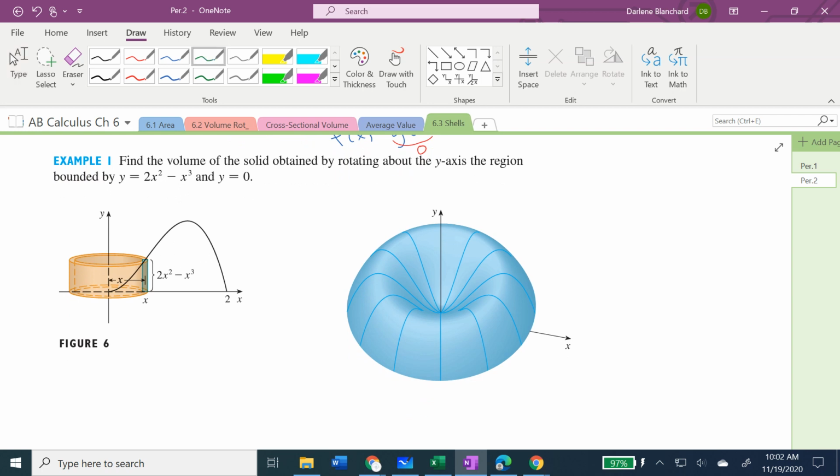Find the volume of the solid obtained by rotating about the y-axis the region bounded by y equals 2x minus x cubed, which is part of that curve, and it's also bounded by y equals 0.